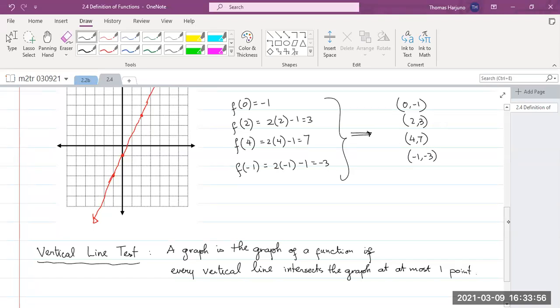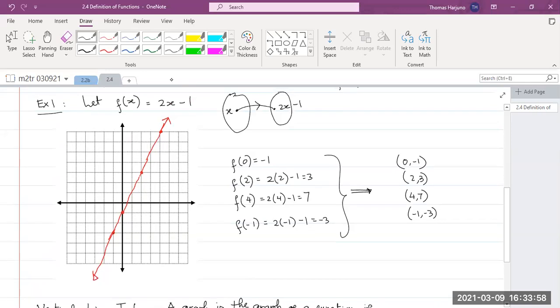So for example, the graph of this f(x) equals 2x minus 1, when you draw a vertical line, it will intersect the graph at most at one point. Okay, at most at one point.